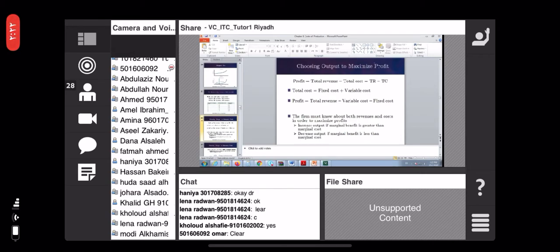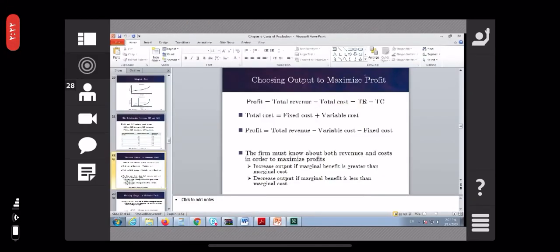How to choose the output that maximizes the profit. البروفيت اللي هو total revenue. This is where we have stopped in the past lecture. Choosing the output that maximizes the profit. The profit is the total revenue minus the total cost. الإيراد ناقص التكاليف يعطيك الربح. Total cost is fixed cost plus variable cost. We have just seen that.